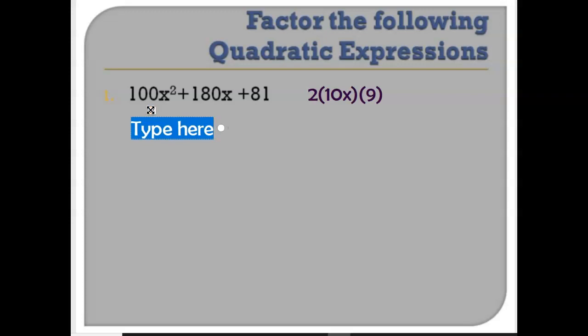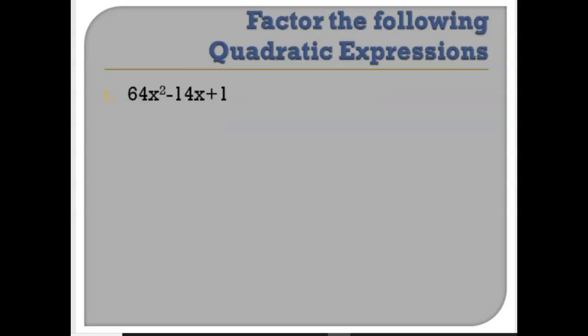So we have another perfect square trinomial. So it's 10x plus 9 squared. And if that was a minus between the 100x squared and the 180x, then this would be 10x minus 9 squared.